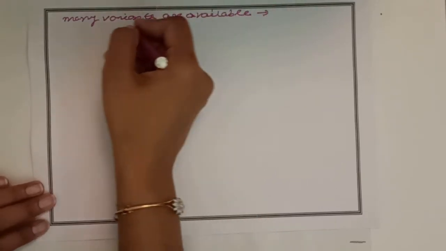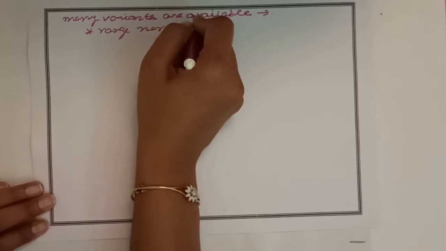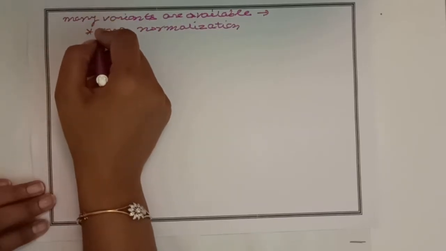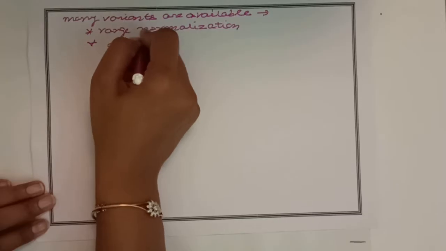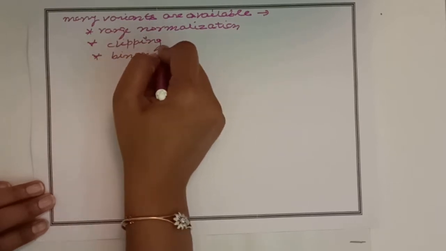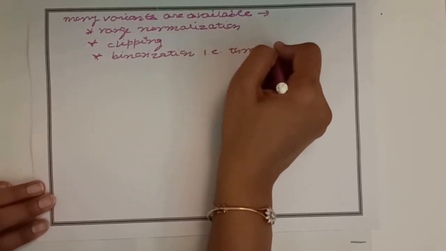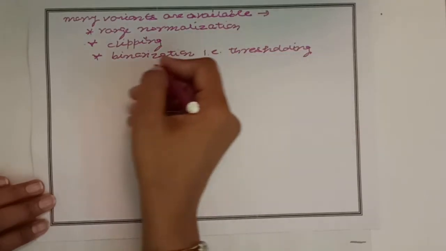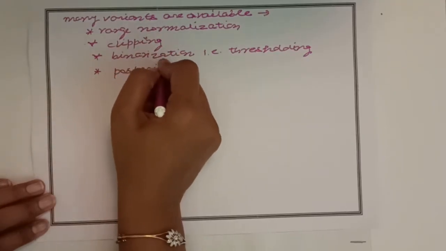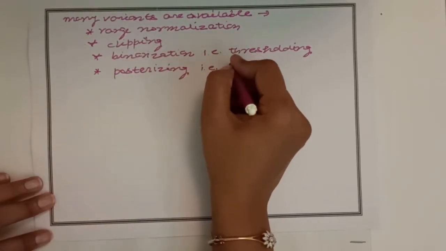Some of these are range normalization, clipping, binarization, which is also known as thresholding, and posturization, which is also known as multiple thresholding.